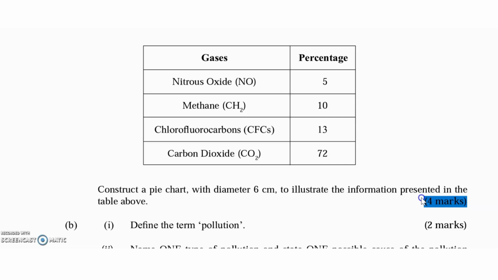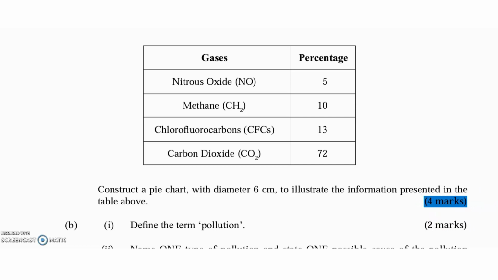Pollution is a term which refers to the introduction of substances, whether solid, liquid, or gaseous, into an environment, which can have adverse or negative effects upon human health, the environmental processes, or even upon the physical outlook or the aesthetics. So that is the definition of pollution.